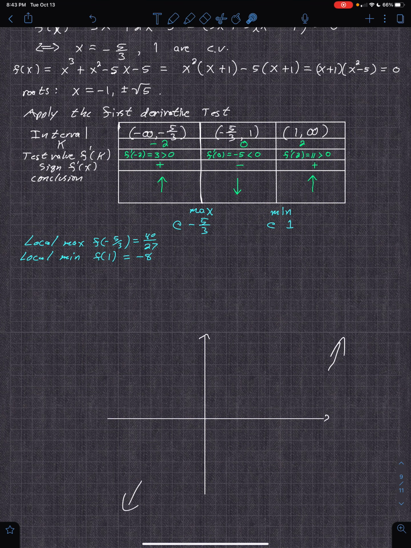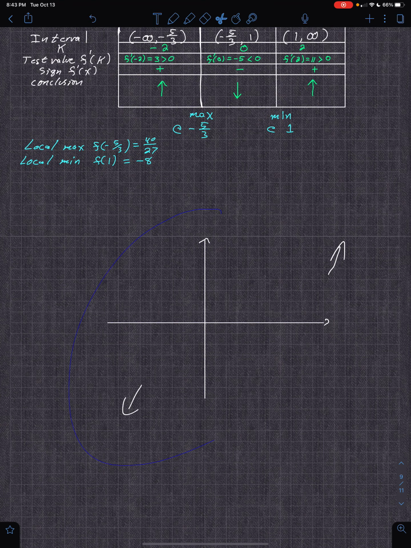It's increasing all the way to negative 5/3, like this. So it's increasing, and then it's decreasing, and then it's increasing. So we just have to label all the points appropriately. Instead of going through all those little details, I'm going to copy it over while you are graphing it.